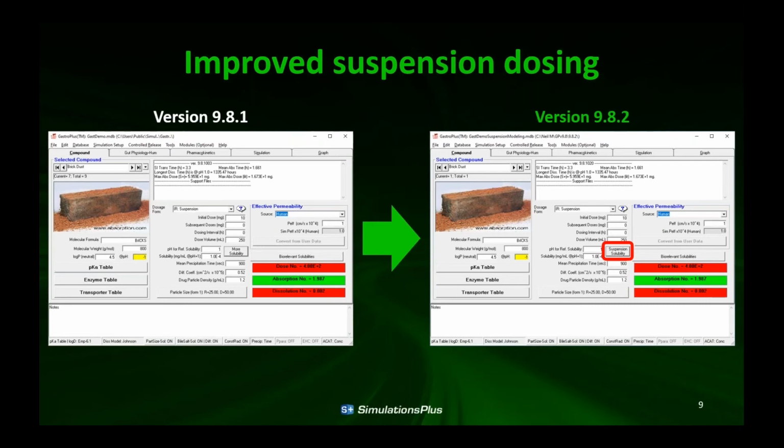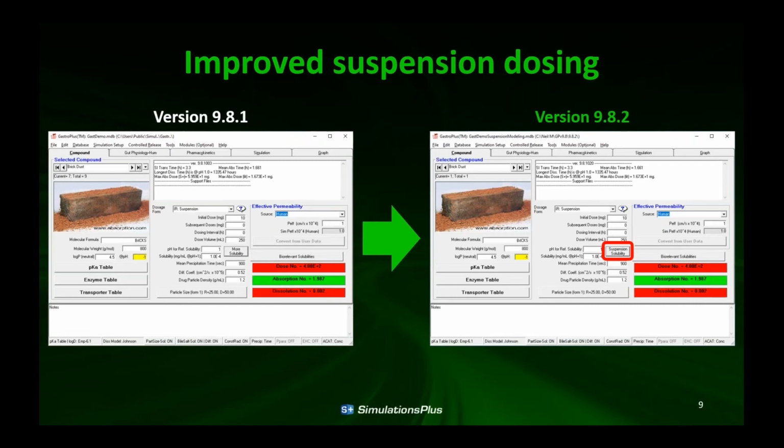In version 9.8.1, the user needs to use the mixed multiple dose. With the mixed multiple dose, you could set part of the dose as a solution, and another part of the dose as undissolved IR suspension.